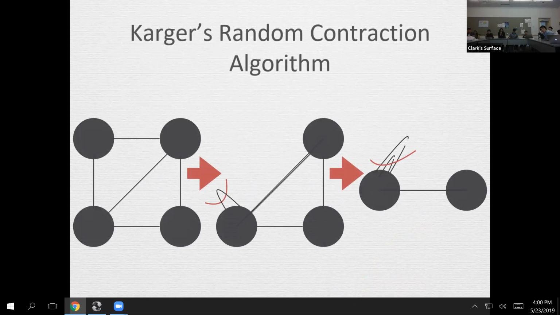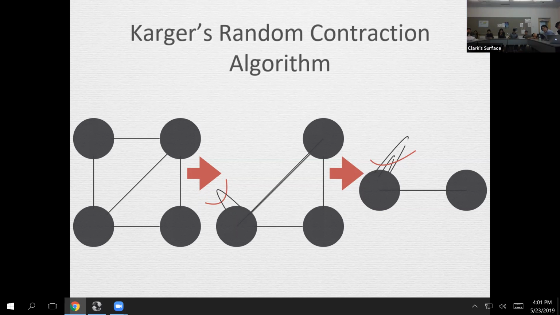So Karger's random contraction algorithm finds the minimum cuts of a graph by merging vertices together and deleting the self loops. For example, these two together: it links 2 here and cuts the 1, which becomes a self loop here.